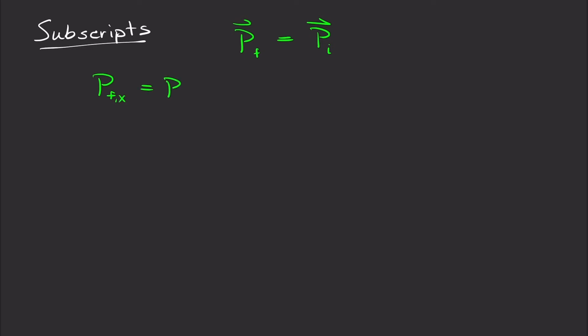Okay, so we said that momentum is a vector, so we can break it into components. So we're going to run into a problem where we're going to get a lot of subscripts. So if we look at our conservation of momentum for our total system, it starts off simple, but then we have an x direction where we have Pfx is equal to Pix.